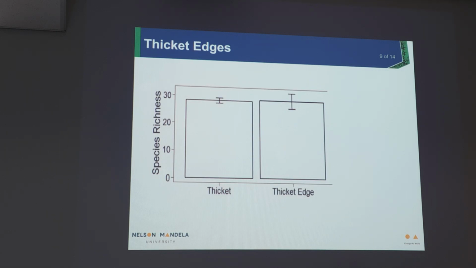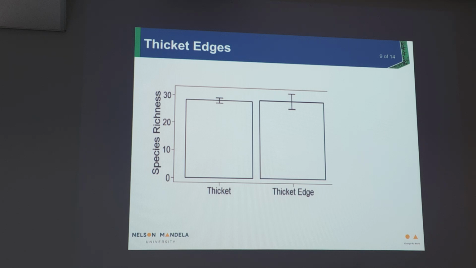Shandon Covello and I did some work also in all three sites in terms of thicket and thicket edges. We standardized on a 30 square meter plot. The thicket edge was done as a 5x6 plot, so basically 5 meters into the thicket was called the edge.